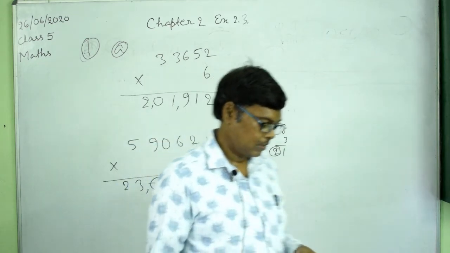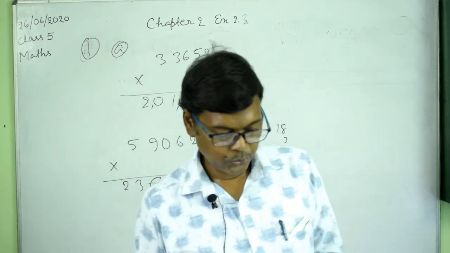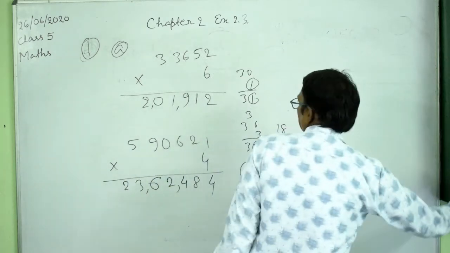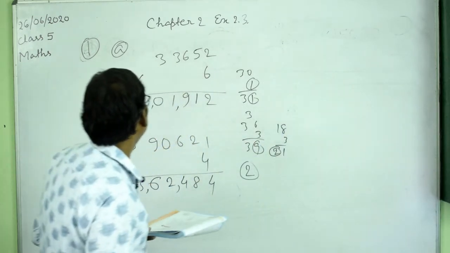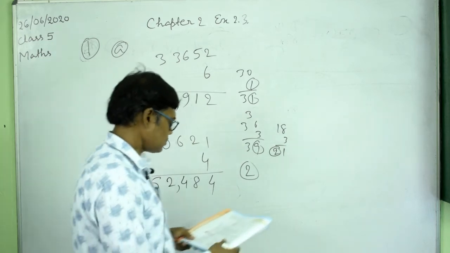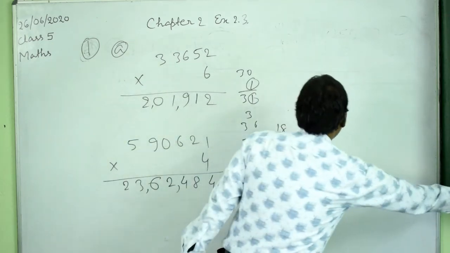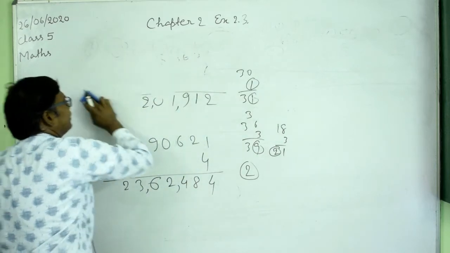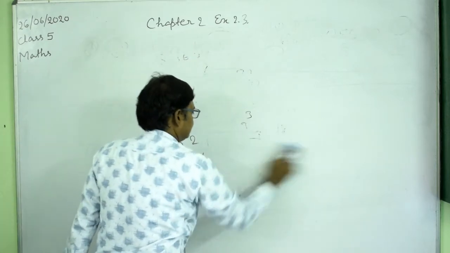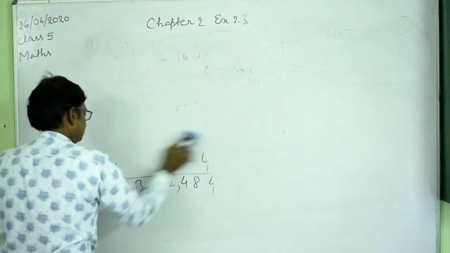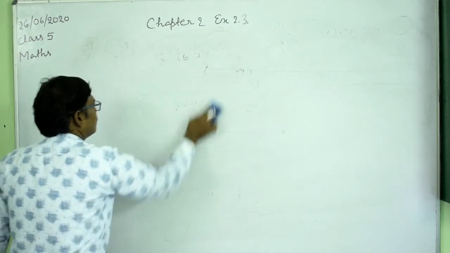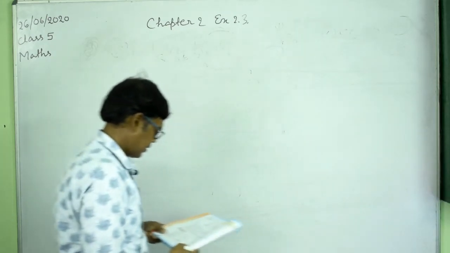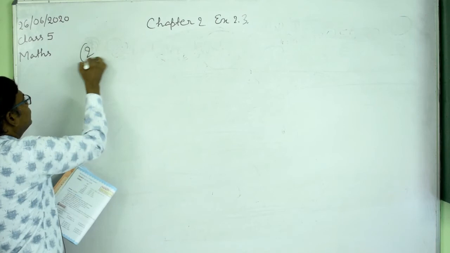Next I will do another question, question number 2, that is multiplying a number by a 2-digit number. This was by 1 digit, now multiplying by 2 digits. Question number 2.